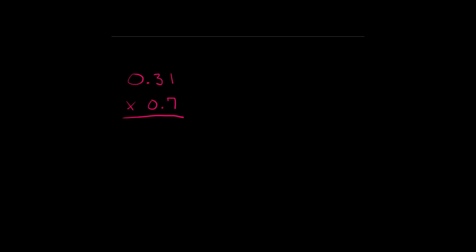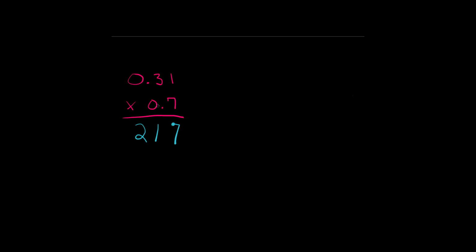Okay, this one we have 0 and 31/100ths times 0 and 7/10. So we're going to go through our normal multiply. We just want to get all the numbers down first, and then we'll worry about our decimals. So 7 times 1 is 7. 7 times 3 is 21.